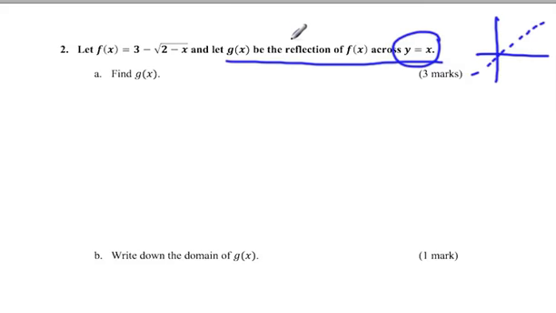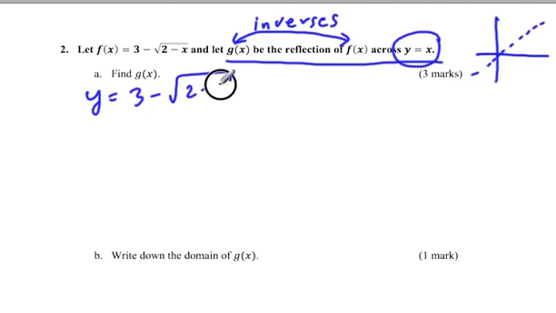Whenever you have a reflection of f of x across y equals x, it's screaming at you that these two functions are inverses of each other. So g of x is the inverse of f of x. That's a reflection across y equals x, so that's telling you it's the inverse.